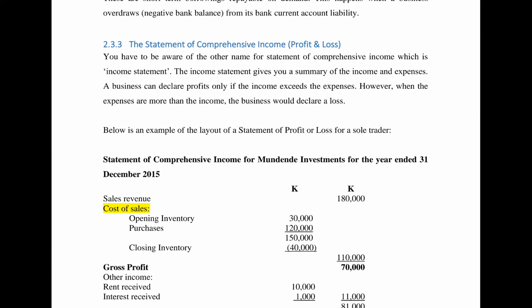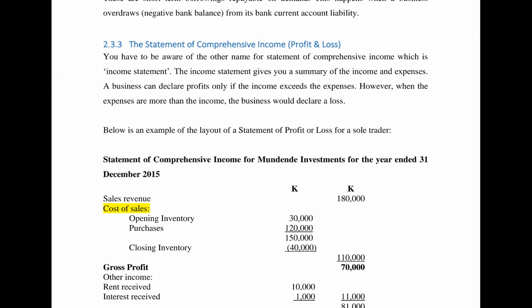This one is the profit and loss account. The income statement gives you a summary of the income and expenses. So a business can declare profit only if the income exceeds the expenses. However, when the expenses are more than the income, then the business would declare a loss.